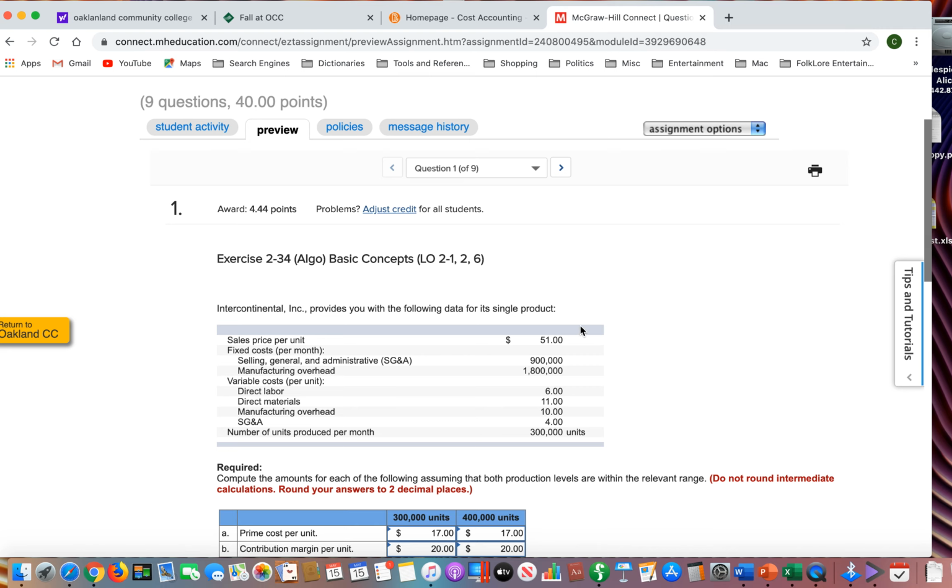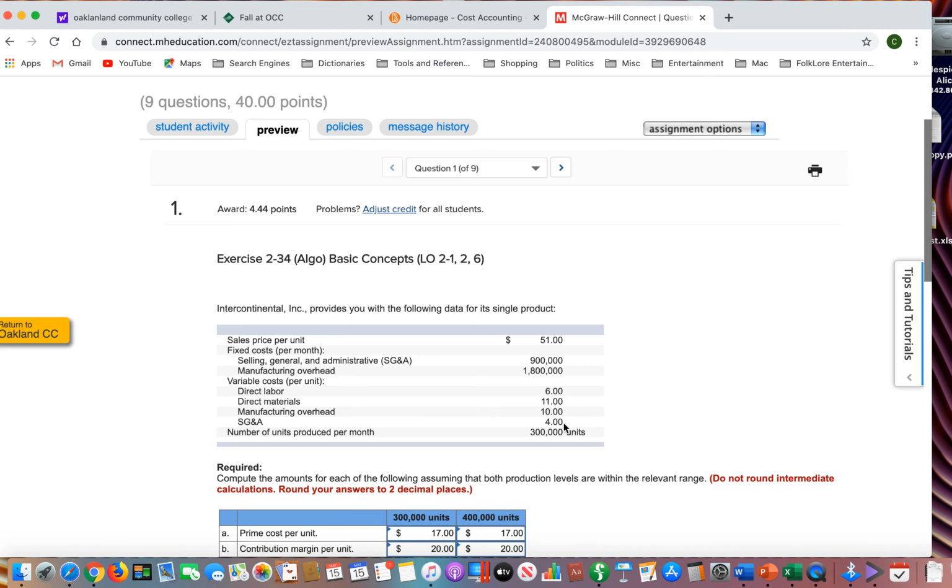So, we know we have a sale price of $51. We have direct labor, direct material, those variable costs, manufacturing overhead that's variable, the variable portion of it, and sales and general administrative expense of $4 of variable cost per unit.